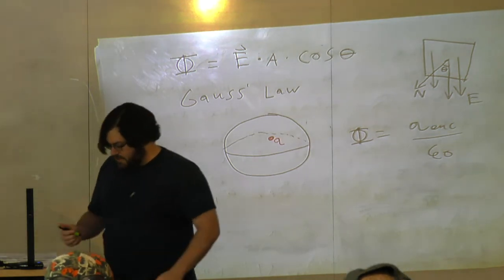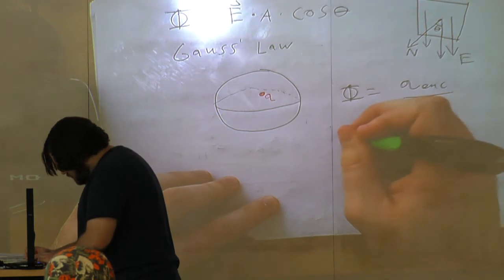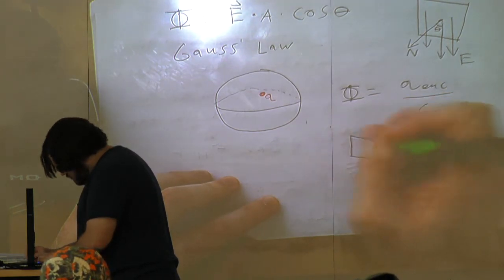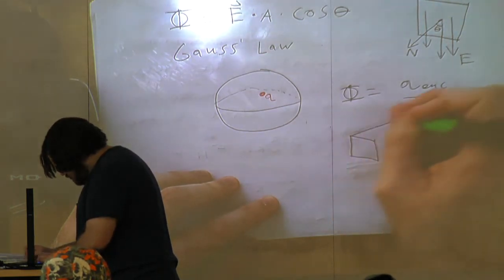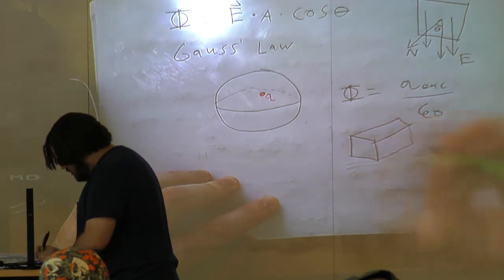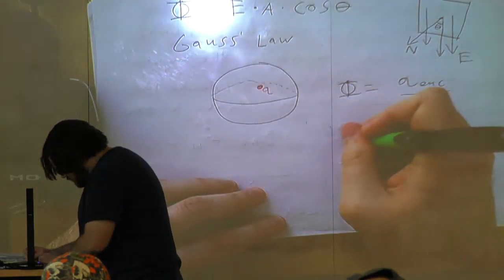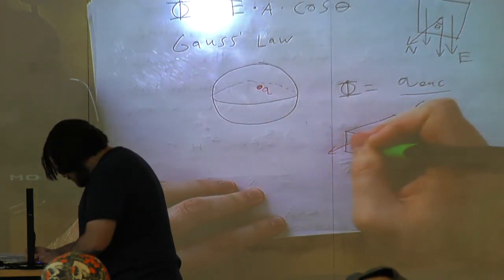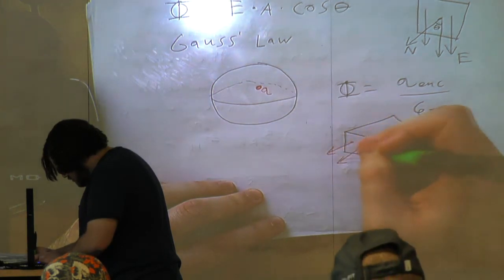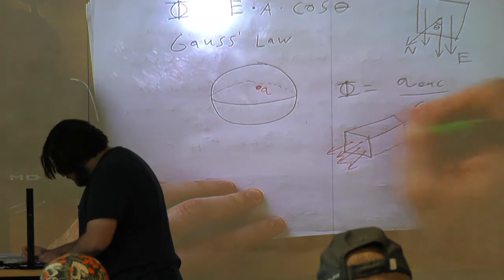So if I have a surface like this, and I've got flux coming out, and I've got flux going in.